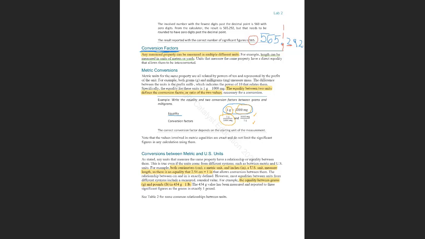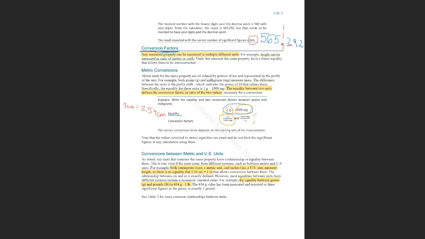So the equality will give you the conversion factor. For example, we know that 1 inch equals 2.54 centimeters. That is the equality. And from here, I can do the conversion factors.